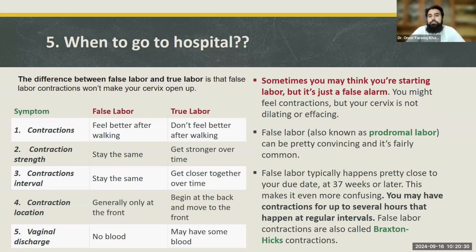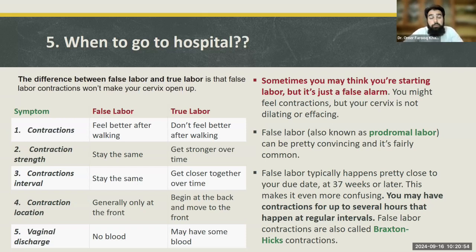Sometimes you may think that you are starting labor, but it's just a false alarm. You might feel contractions, but your cervix is not dilating or effacing. Even after the uterus has started contracting, you feel contractions in your lower abdomen and pelvis, but your cervix is still thick, still sealed off, not dilated.